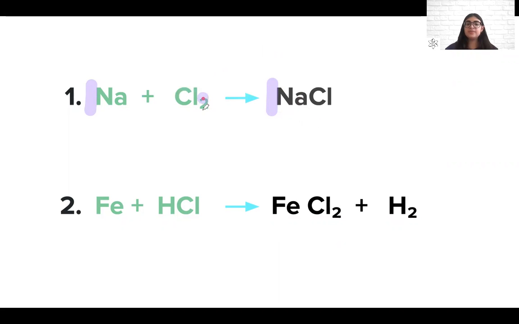But these small numbers only apply to the atoms that they are directly following. So for example, this 2 here means that we have 2 chloride, but it does not affect Fe, which is iron. So again, the big numbers in the front affect everything after it, everything in the molecular compound. But the small numbers only affect the elements directly in front of it.